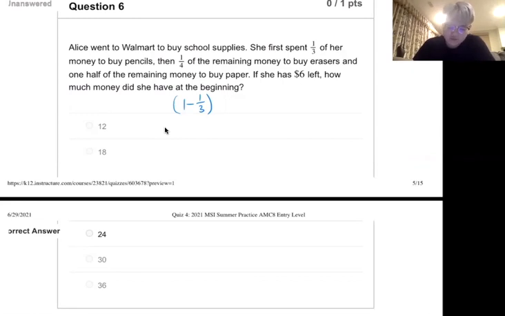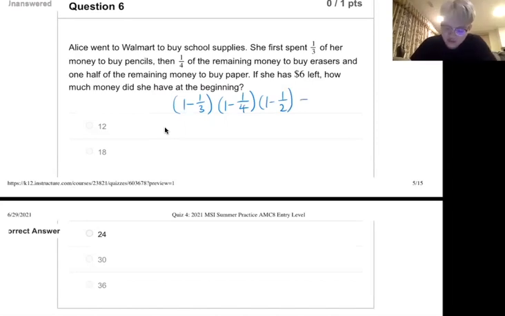So with 2/3 of the original money, she used 1/4 of them. So she will have 1 minus 1/4, which is 3/4 left. And with this money, she used 1/2 of them to buy paper. So she will also have 1 minus 1/2, and that's 1/2 left.